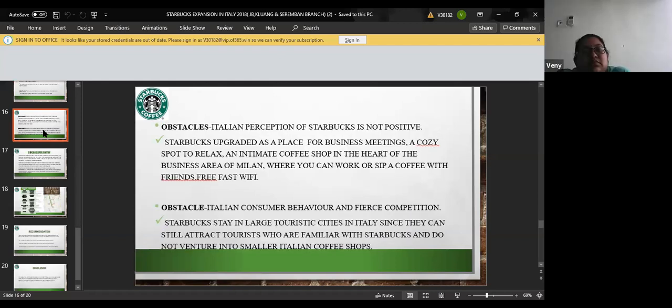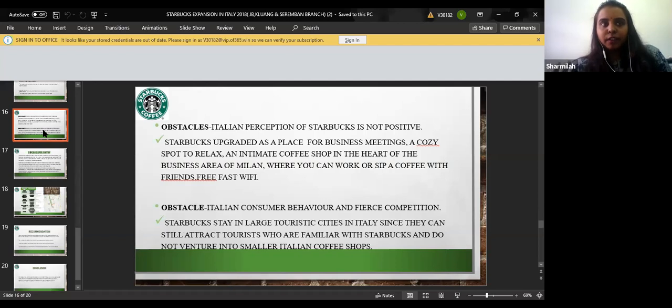Italians' perception of Starbucks is not positive. They are not really attracted to Starbucks because they already have their own interest in the local baristas. So Starbucks upgraded its places for business meetings, a place where people come for convenience, to have a normal chit chat, with a happy and ambient feel.